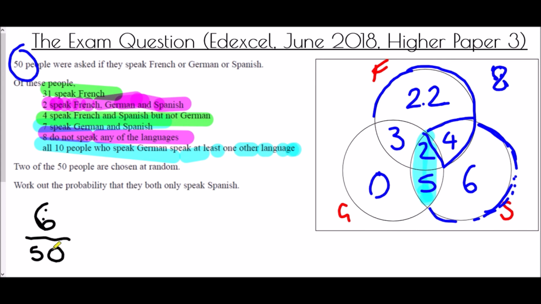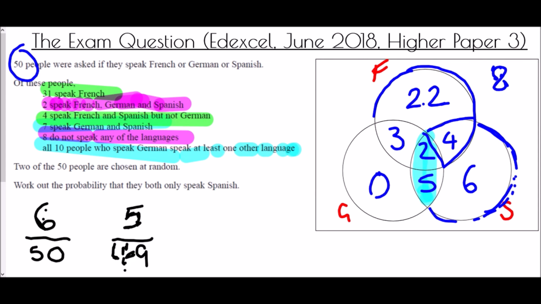But again, like the previous example, this is a situation where we're choosing 2 people at once. So as soon as we've selected one person from that group, there are now only 5 people remaining in the group. And there were 50 people, one person has already been selected, so now we only have 49 people.